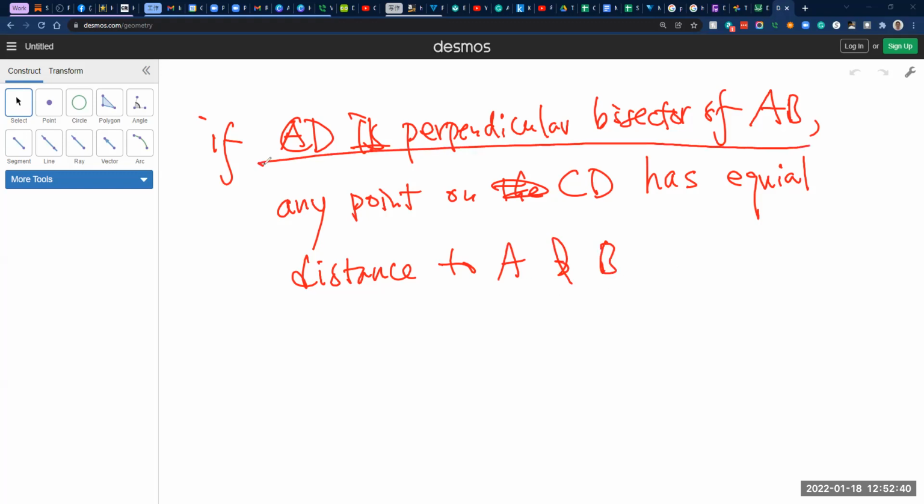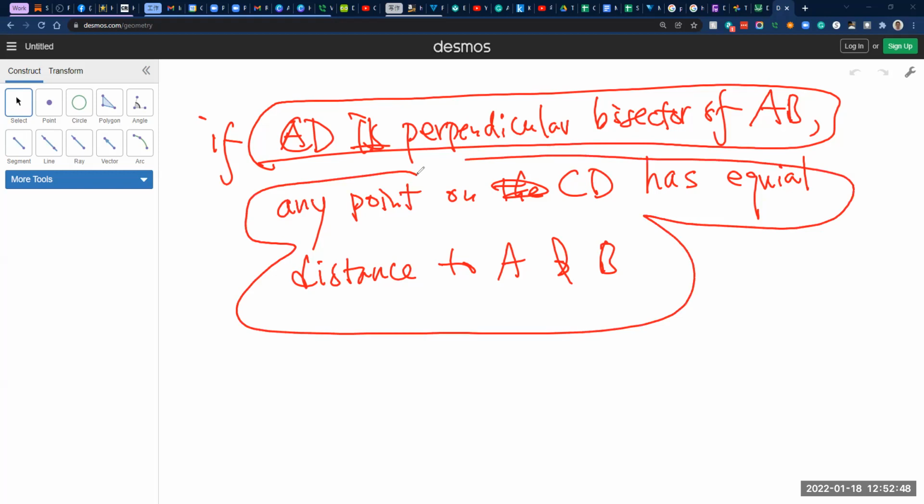So this is our hypothesis, that CD is a perpendicular bisector. And this is our conclusion, that any point on CD is equal distance to the ends of the segment, to A and B. And the converse of that is basically we shift this around.